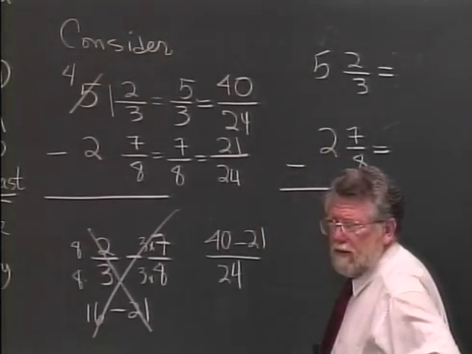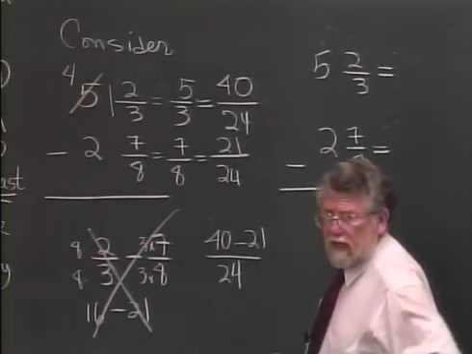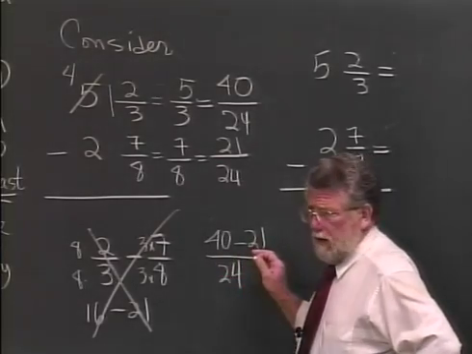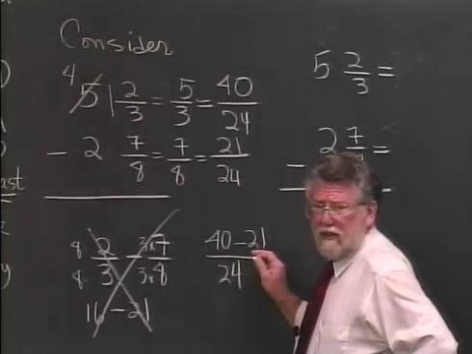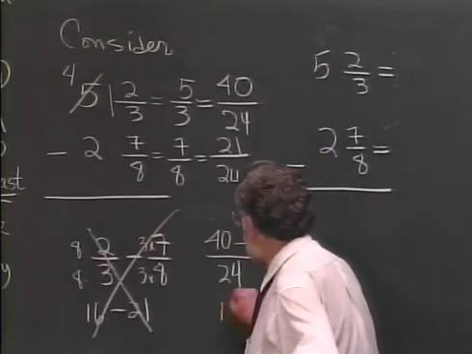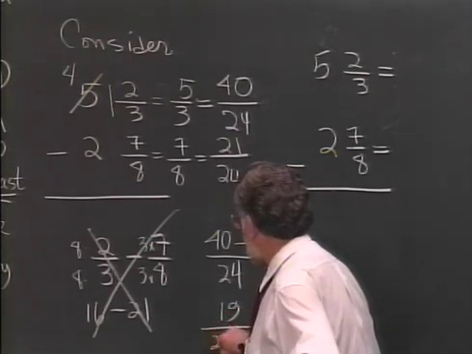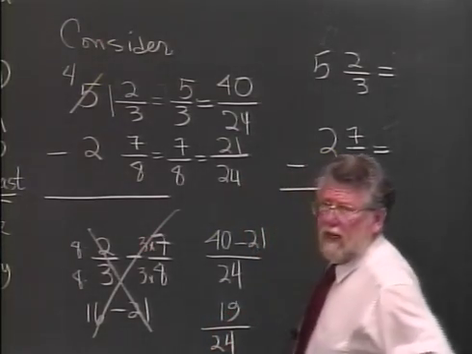Can you do that one just without writing it down? 40 minus 21? Okay, the shortcut would be to say this. What's 40 minus 20? That'd be 20, right? That's an easy problem. And this is just one less than that, so you're at 19 over the 24. Am I done?